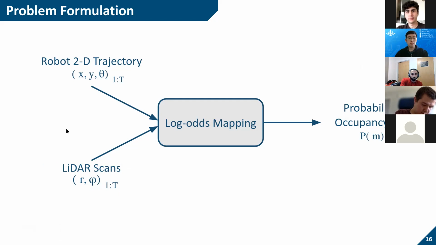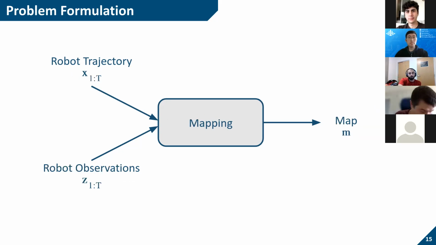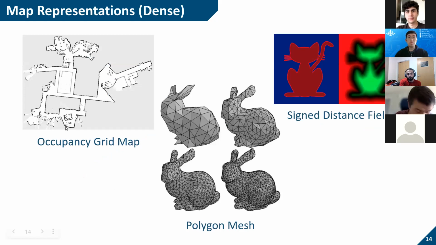Just to talk more about the elements of the localization and mapping problem here, X, Y, and theta can completely indicate a robot position in the 2D plane. If you think of a 2D plane, like an occupancy map, we have an X dimension and a Y dimension that tell you the position of the robot, but we are also interested in the orientation of the robot, because when it comes to sensor measurements, the orientation matters.